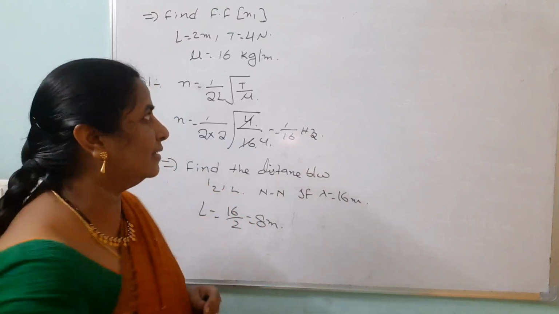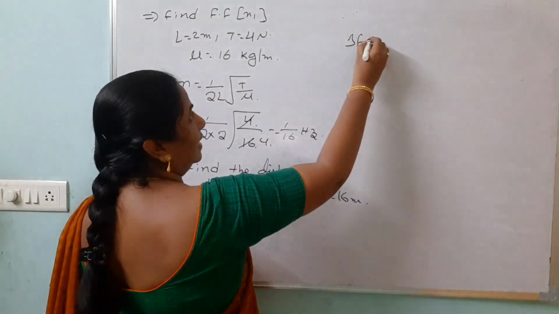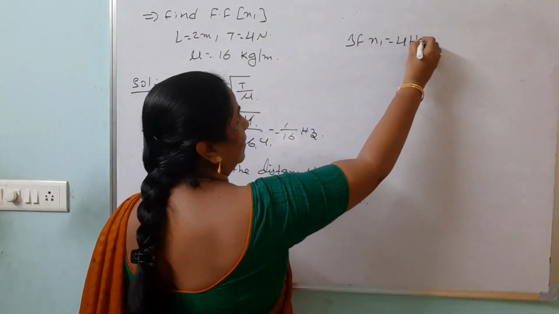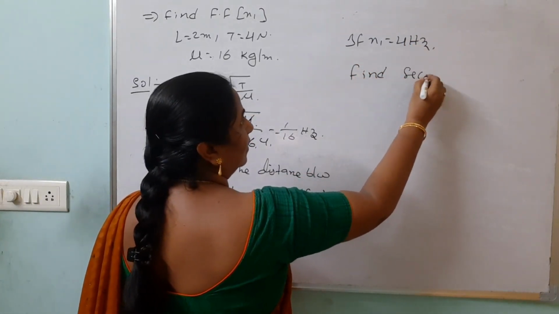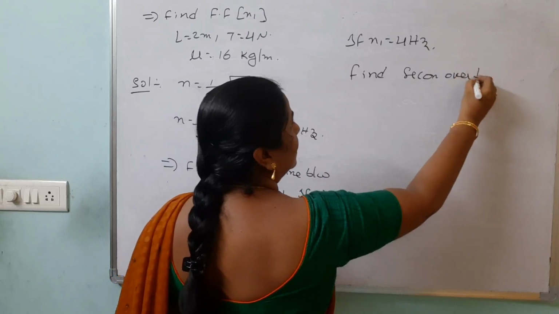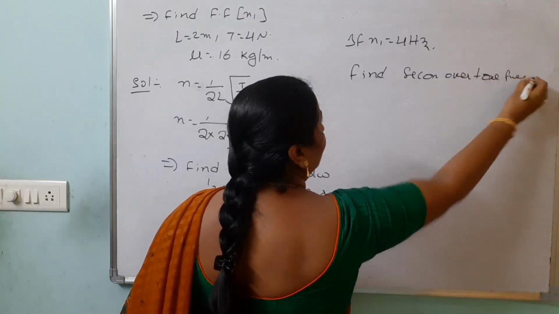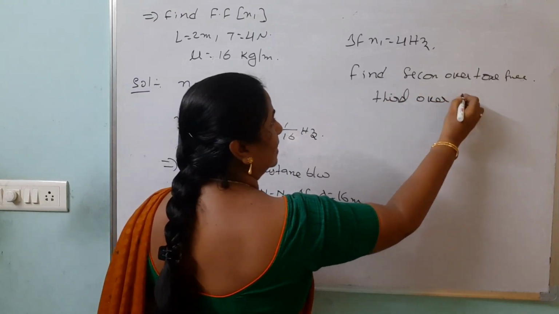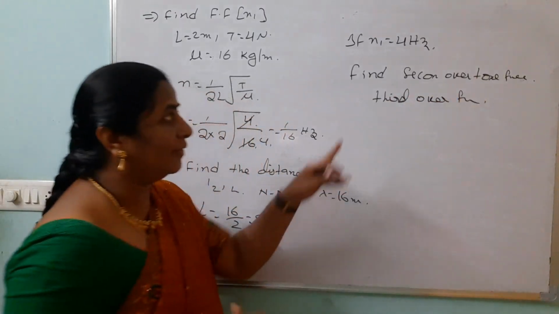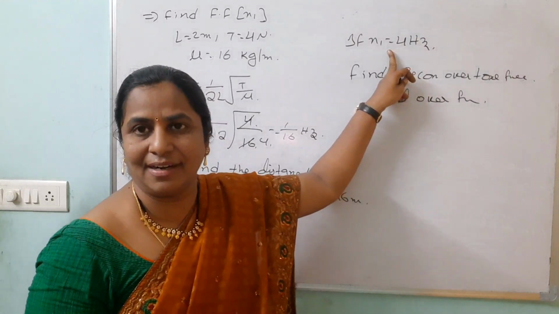Then sometimes, if N1 equals 4 hertz, find the second overtone frequency and third overtone frequency. Generally for second we might multiply with 2, but that's not right.